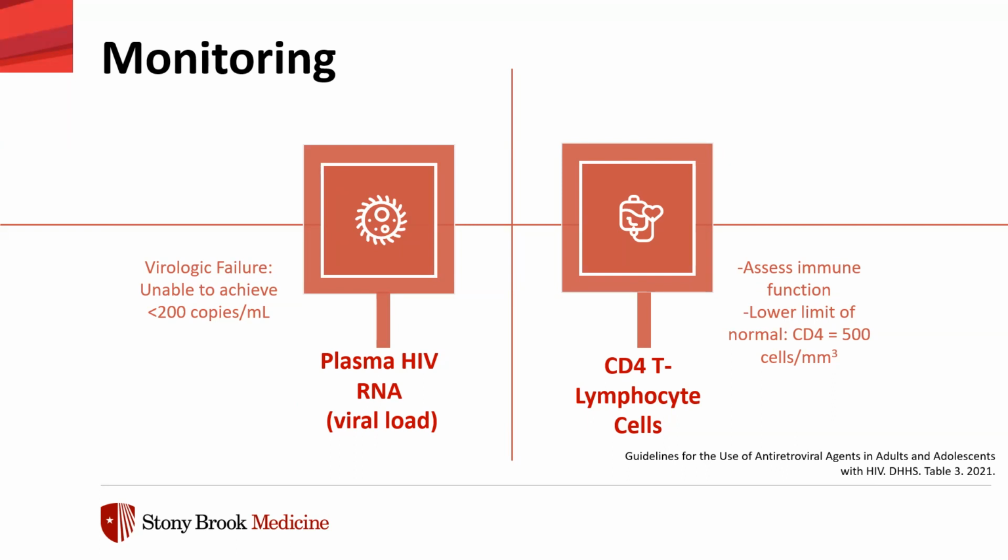This also needs to be measured at the entry of care, so before we're starting these ART regimens, and then recommended every 3 to 6 months. However, this monitoring parameter can also be increased to once every year if patients are adherent to their regimens and have a virally suppressed load for 2 years, and if their CD4 cell count is greater than 500 cells per cubic millimeter.